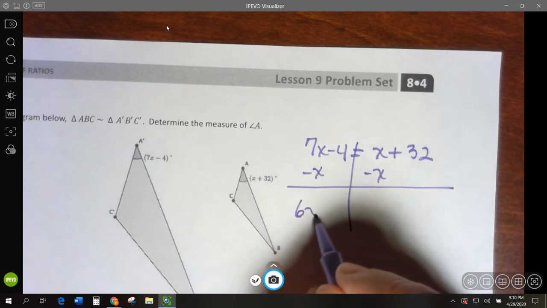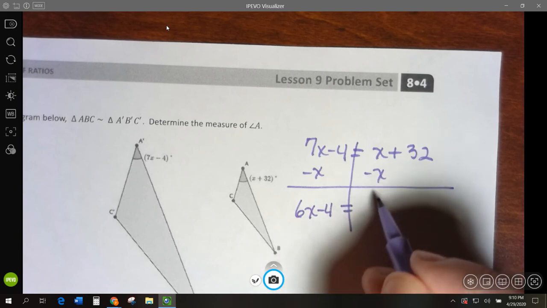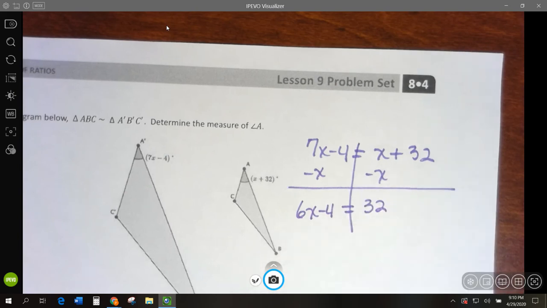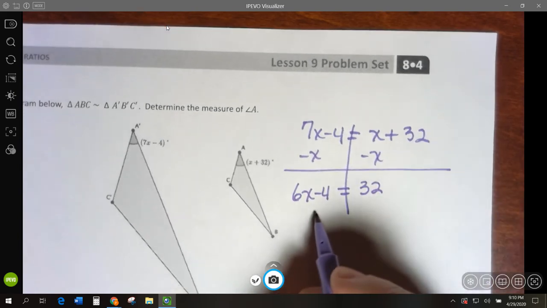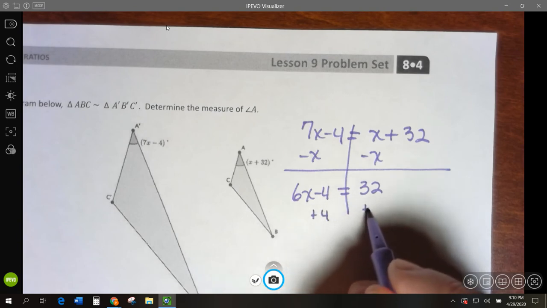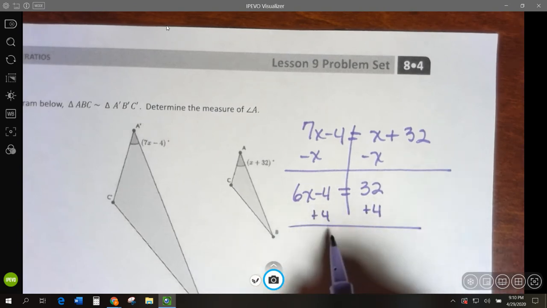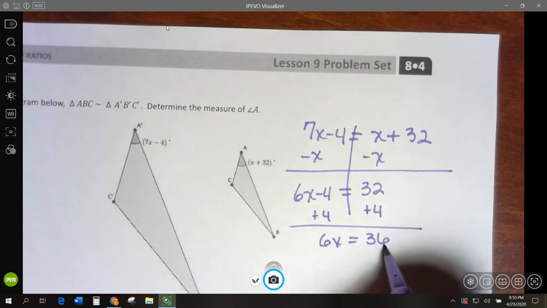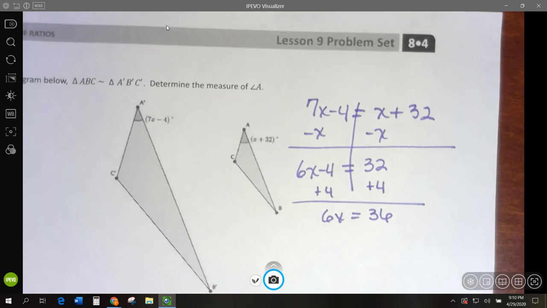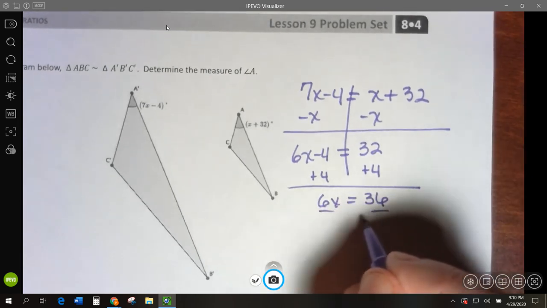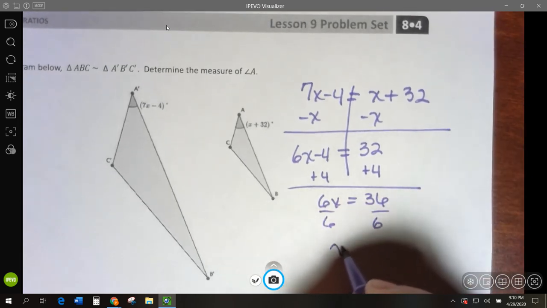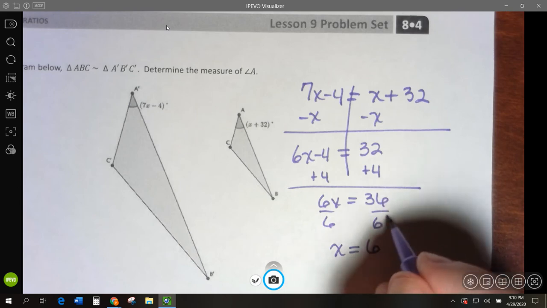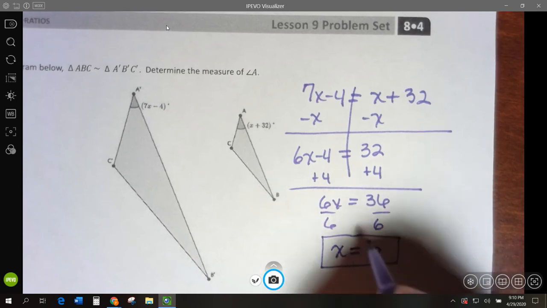So you get 6x minus 4 equals 32. Now we have to add 4 to both sides. And we get 6x equals 36. Now we have to divide by 6. And x is going to be 6. 36 divided by 6 is 6.